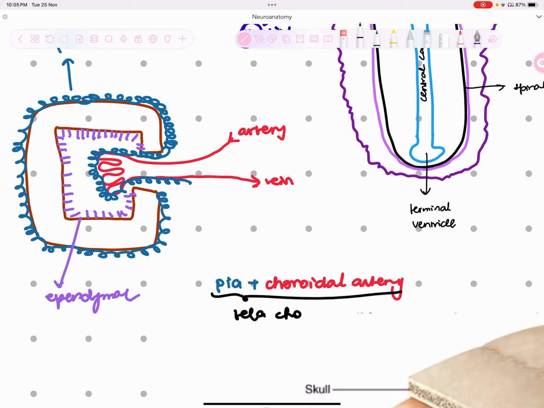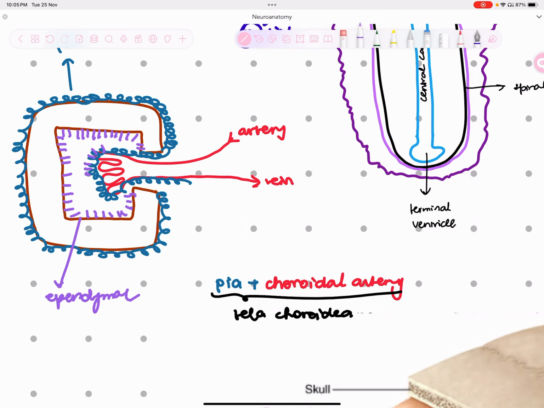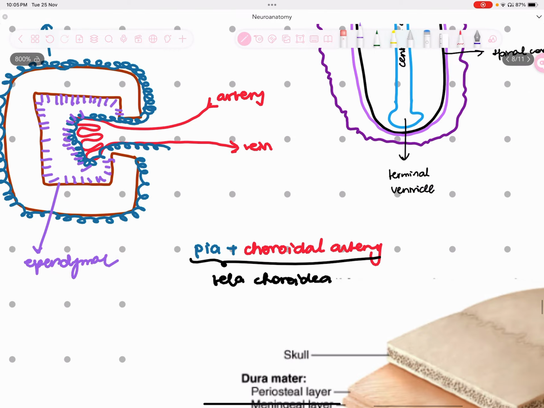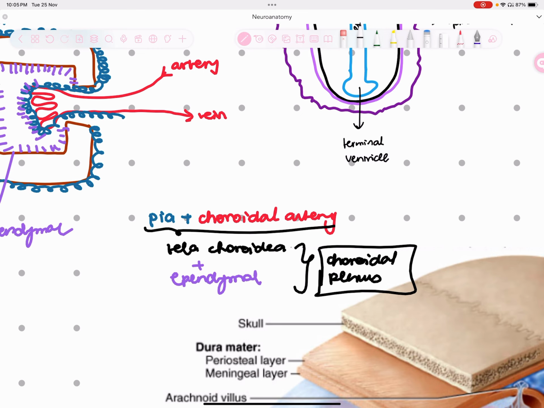Yes. And not just tela choroidea, there's one more thing as well. What is that? These ependymal cells start growing here as well. So tela choroidea plus ependymal cells together are known as what? As choroid plexus.